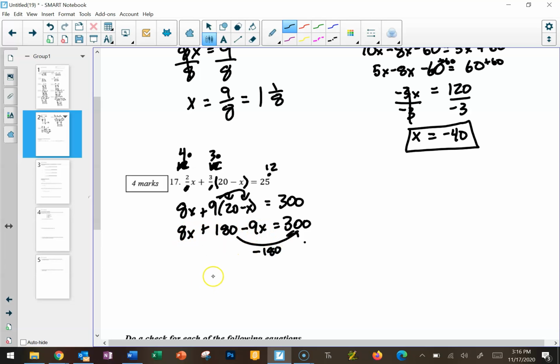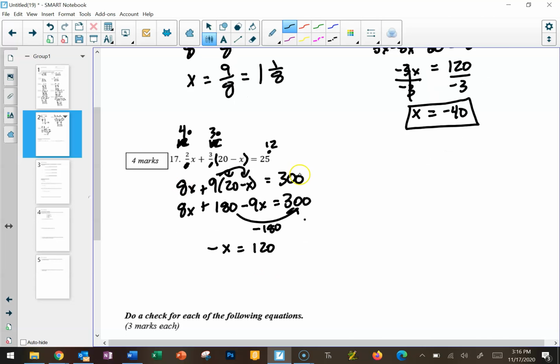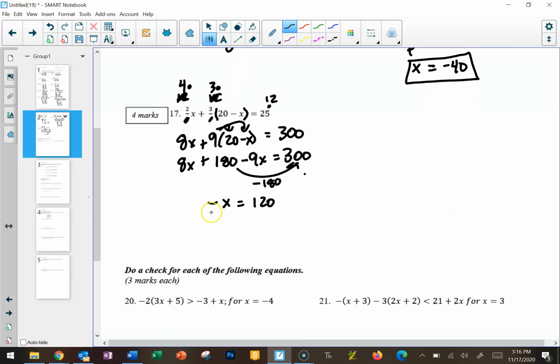So 8 positives minus 9 negatives is going to leave us with a negative x, and then 300 minus 180 is going to leave us with a positive 120. And we don't want to leave a negative x, right? So we're just going to divide by negative 1, and then you can write x equals negative 120. If you don't want to show this step, and you just know that if you have a negative x equals something, you can just flip both the signs, then that's fine too. So x should equal negative 120 on that one.